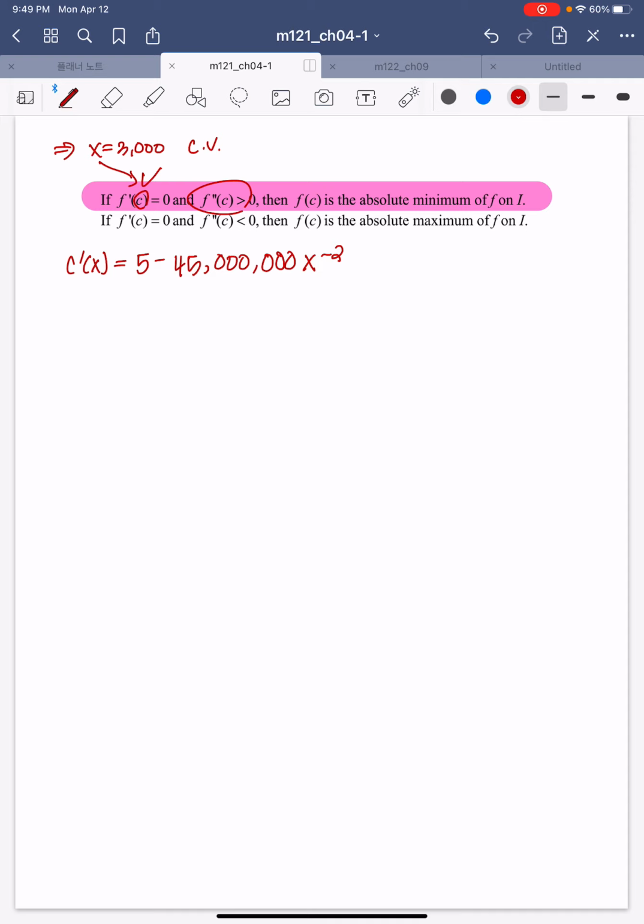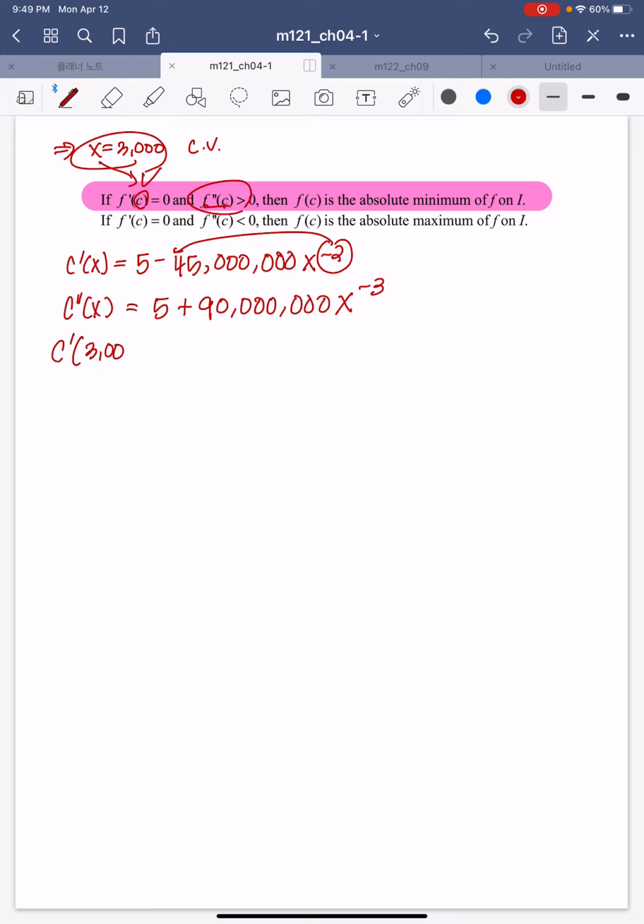And then our double prime will be 5, and then this one with this one makes it positive 90 million x to the negative 3. Okay. Let's plug 3,000 into our function, because that's our x value for the critical value, and see if it's a positive number.